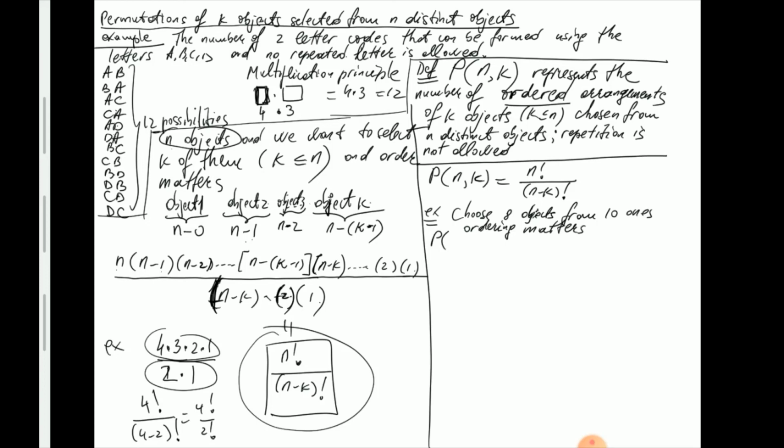That means you distinguish between different orderings of these 8 objects. So basically the answer is the permutation of 10 comma 8. The first number is always the number of objects you select from. The second number is the number of objects you select. So that's going to be 10 factorial divided by 10 minus 8 factorial.